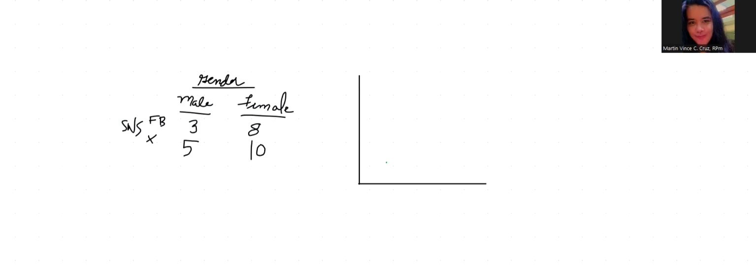So we would like to determine whether or not may main effect muna, no? So 3 plus 8 is 11 divided by 2, we have 5.5. 10 plus 5 divided by 2, we have 7.5.